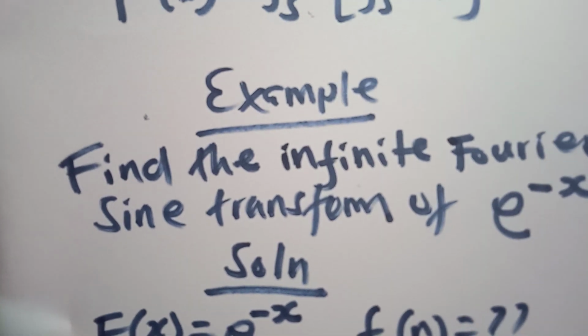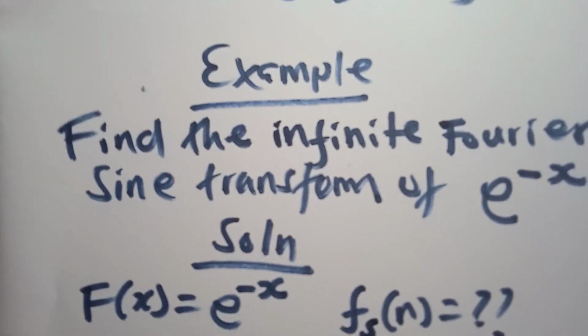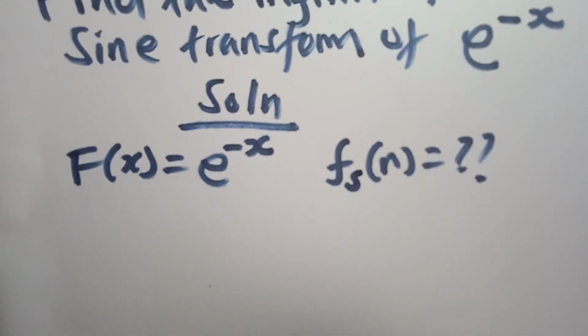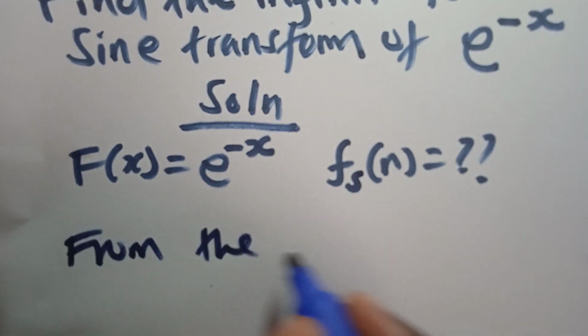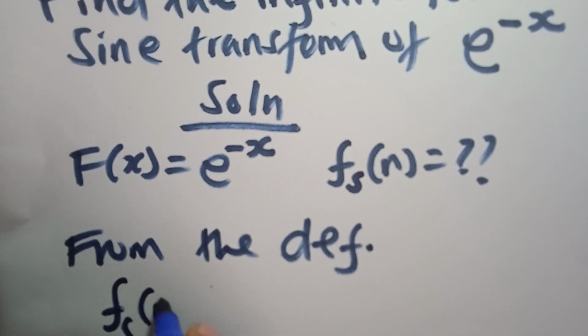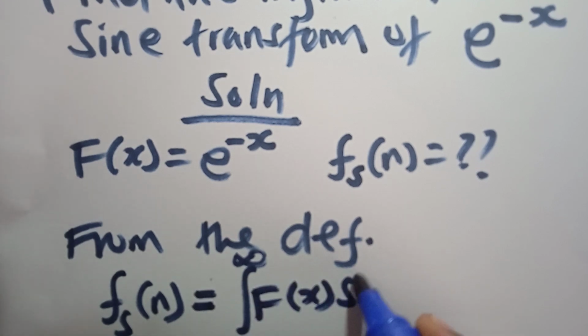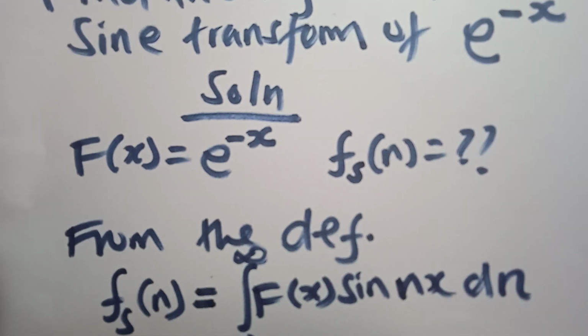We are going to begin by putting up the definition of a Fourier transform for the sine. From the definition of the infinite Fourier sine transform, fs of n is given by the integral from 0 to positive infinity of f of x sine of nx dx.